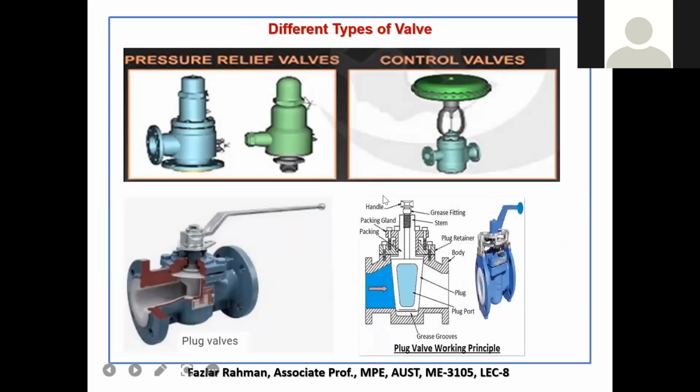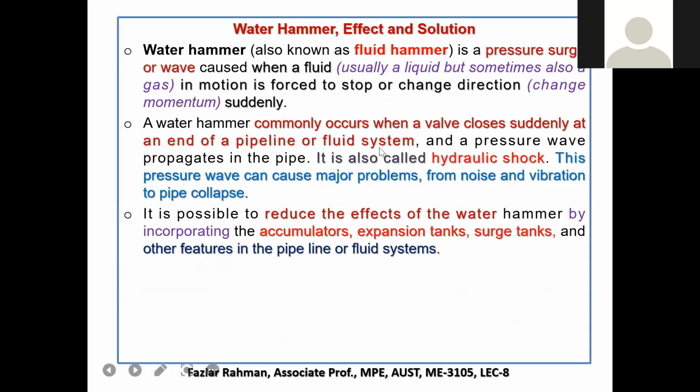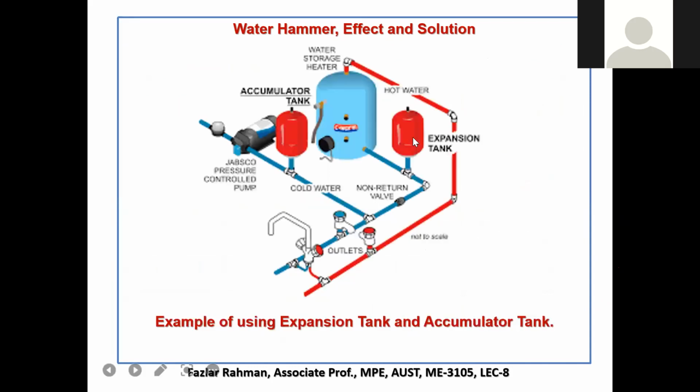Is it clear? Yes, sir. Like over here, this is called a surge tank. This one, if you look at other systems, this is an expansion tank, this is the accumulator tank. Water hammer is heavier in the case of liquid flow, because liquid is incompressible, but gas is compressible.